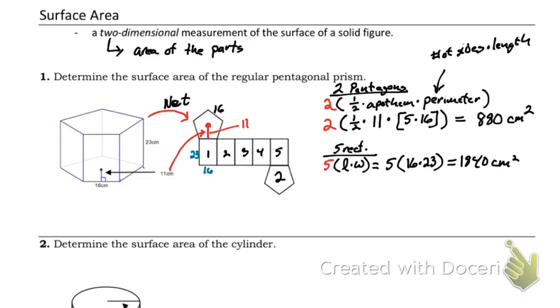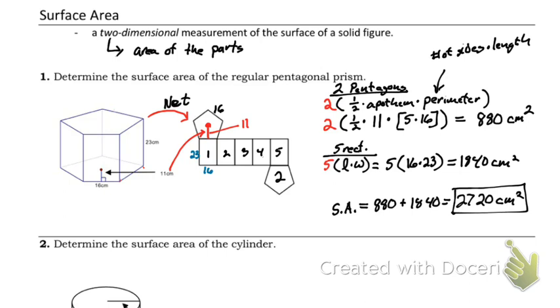Well, that means our total surface area, let's call it S.A., is going to equal our 2 pentagons plus our 5 rectangles, which would be 880 plus our 1,840, which is going to come out to 2,720 centimeters squared.